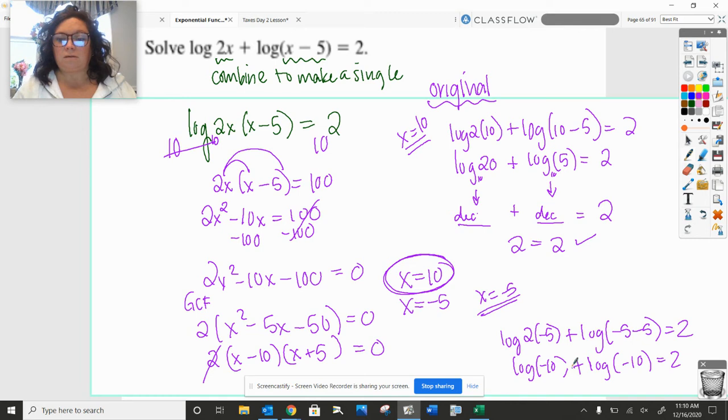Now, here's the deal. We haven't really talked about this, but if you try to do log of a negative on your calculator, you get an error, and it says non-real answers. That's because that's impossible. When you're finding a logarithm, you're finding something to a power that is equal to this value.